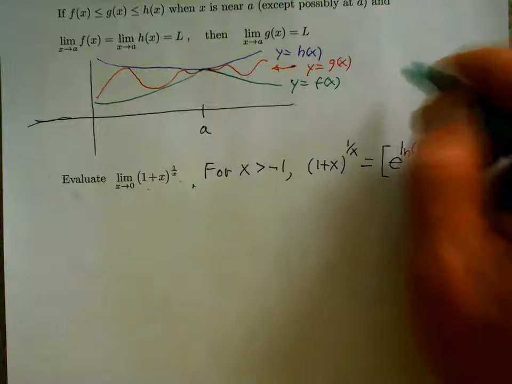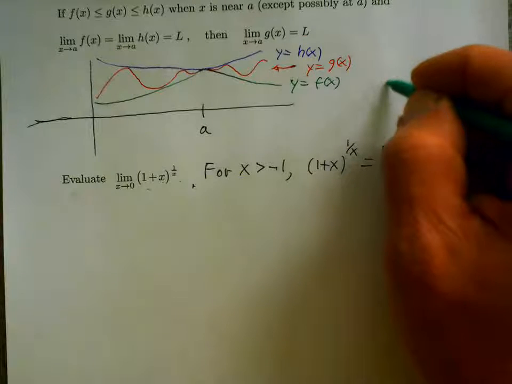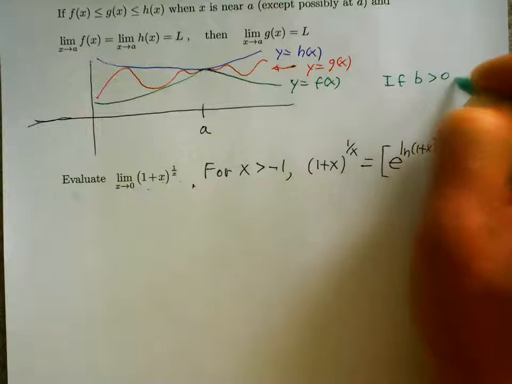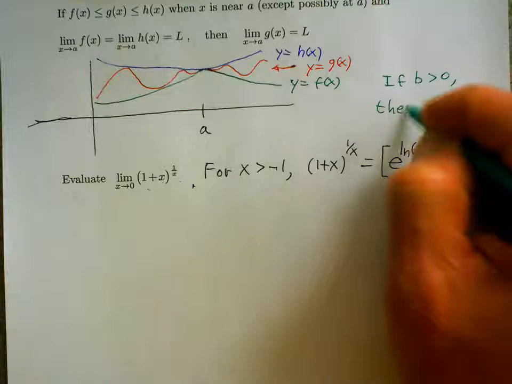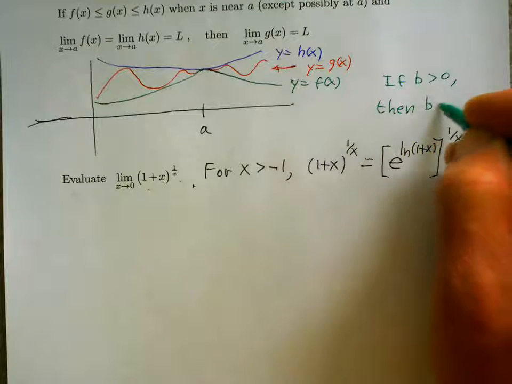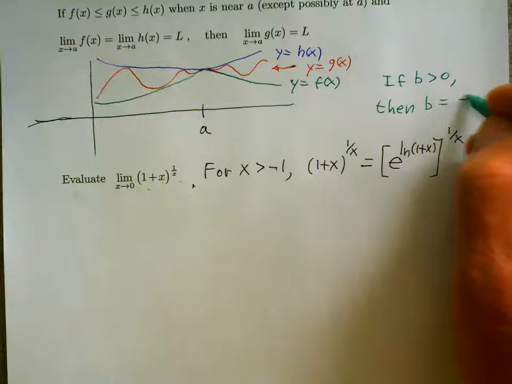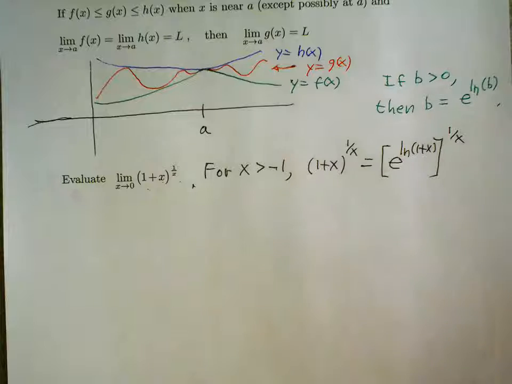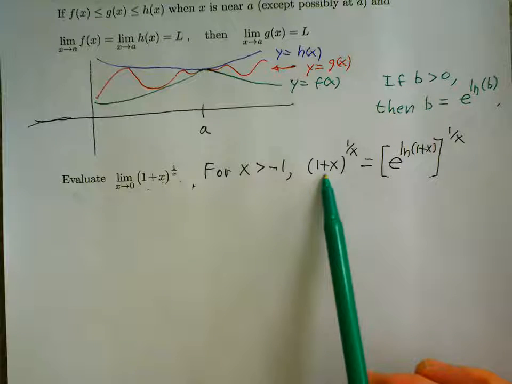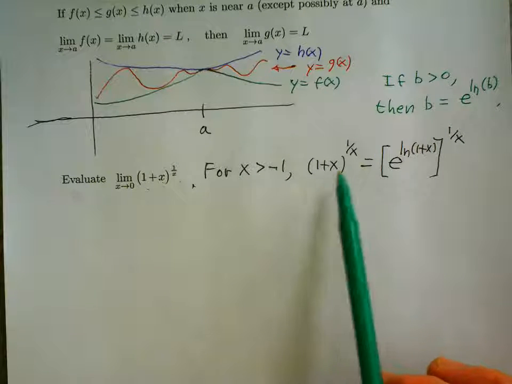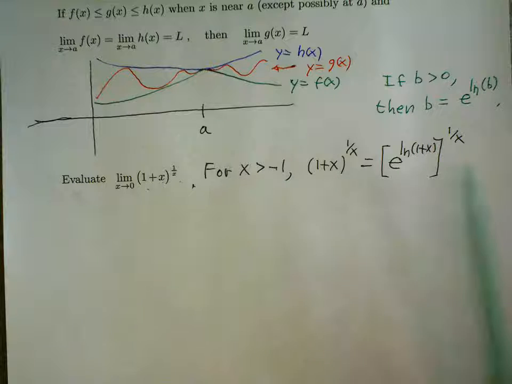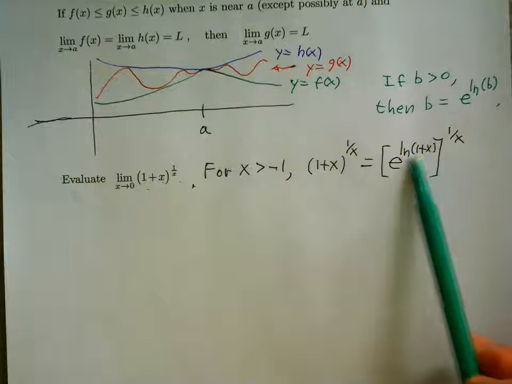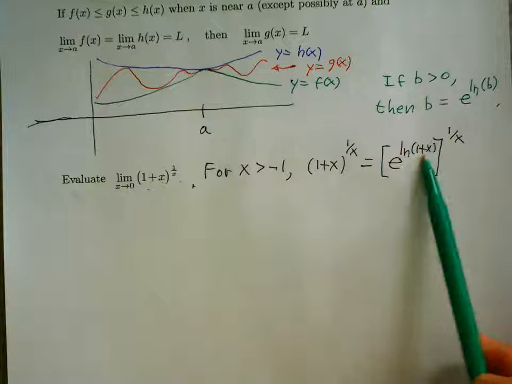I'll just make a note of it up here. If a number b is greater than 0, then b can be written as e to the natural log of b. So we just applied that to the expression 1 plus x for values of x greater than -1. We need x to be greater than -1 because the argument of the natural log has to be positive.